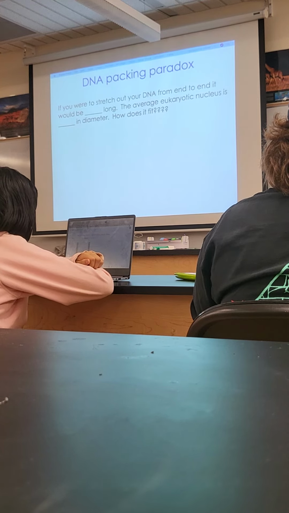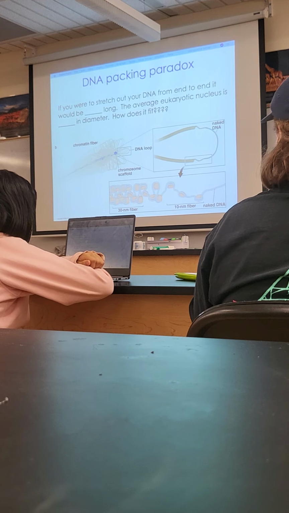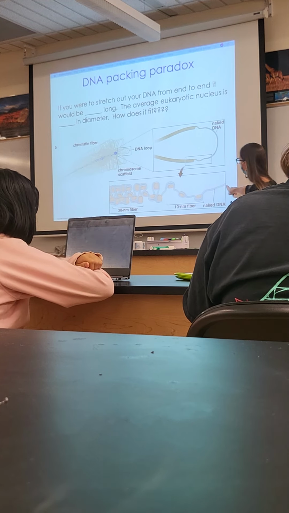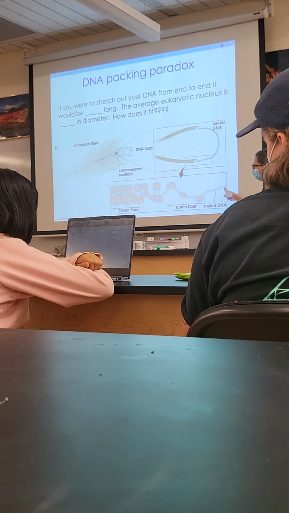So how can we possibly fit that? Especially when we add on that we have negatively charged DNA. It doesn't really want to pack together, right? The problem is solved by this hierarchical folding of the DNA. It starts from here, this is your naked strand of DNA.